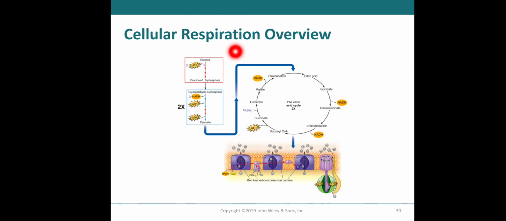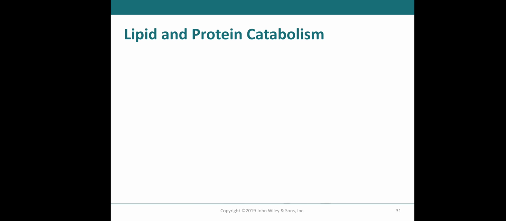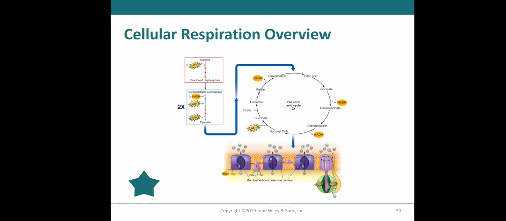If you look at anaerobic cellular respiration, which is fermentation, it shares the same starting point, glycolysis, but instead of going to the citric acid cycle, it goes to the fermentation pathway where you produce either ethanol or lactic acid. So basically, this is the general overview of cellular respiration. In the next part of the lecture, we will look at the catabolism of other biomolecules.